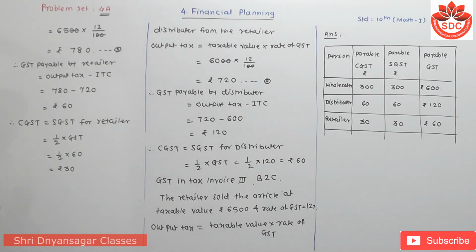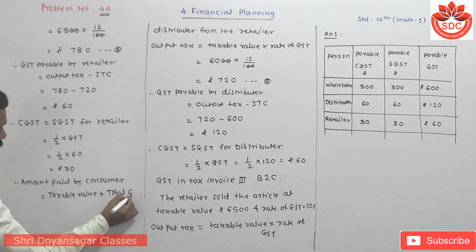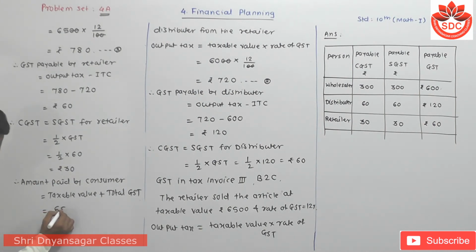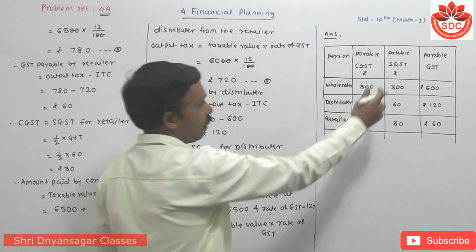The amount paid by the consumer is 6,500 plus total GST. Total GST means you have to find its total here.